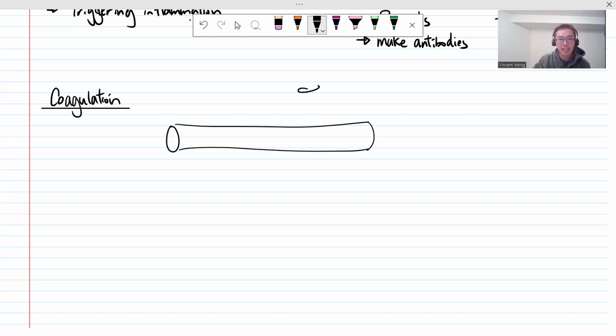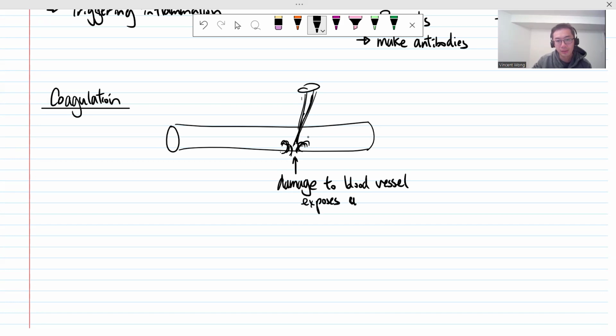So let's say you have a thumbtack or some kind of cut, some kind of thing that damages the blood vessel. Now it exposes the underlying tissue. So damage to blood vessel exposes underlying tissue.